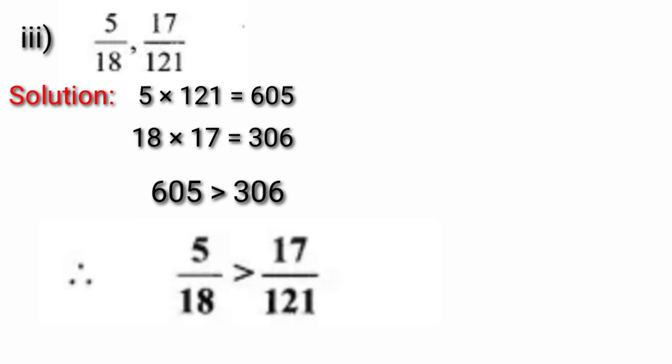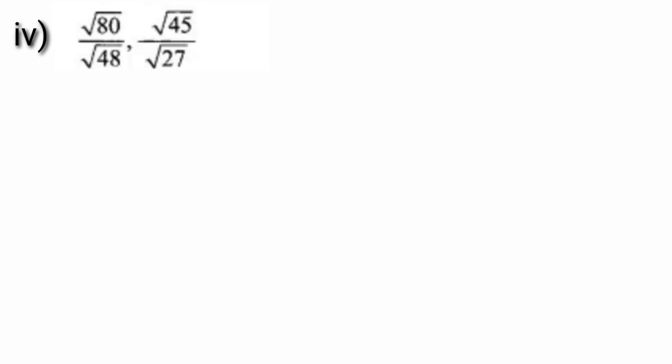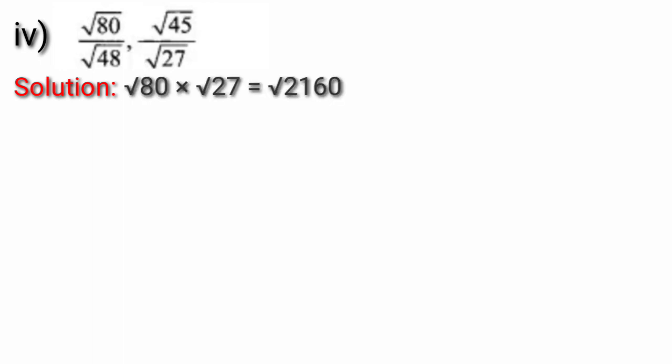Fourth, under root 80 upon under root 48 and under root 45 upon under root 27. So cross multiplication, under root 80 multiplied by under root 27 is equal to under root 2160, and under root 48 multiplied by under root 45 is equal to under root 2160.